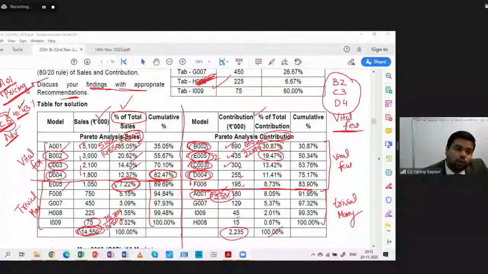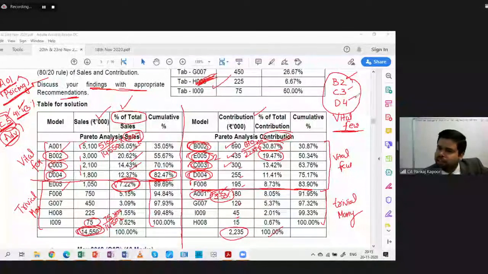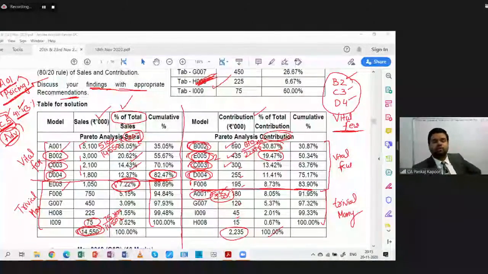Hence, we need to do advertisement in the case of E5 and we need to look at the pricing decision in the case of A1. Apart from that, we must mention that B2, C3, D4 are the vital few. There is no confusion or dispute regarding this. But these two can also be focused.